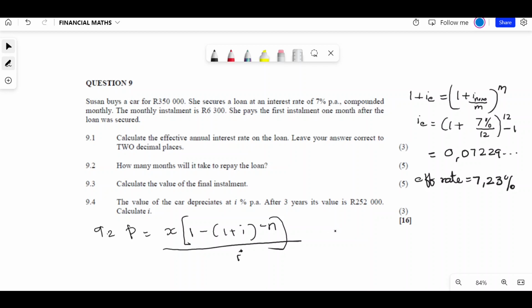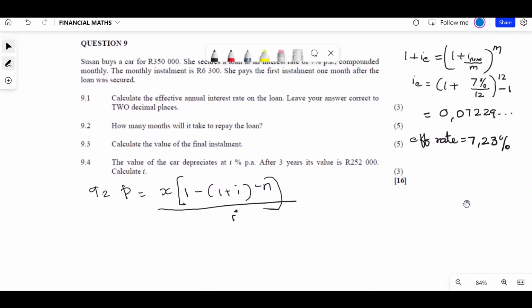So you already have the P here, which is the price of the car, 350,000. She got a loan to buy the car, and the monthly installment is 6,300. So P, you know already, 350,000, and x also is available, 6,300.